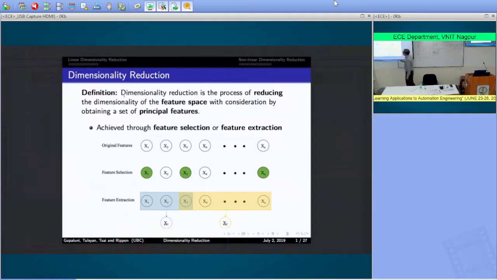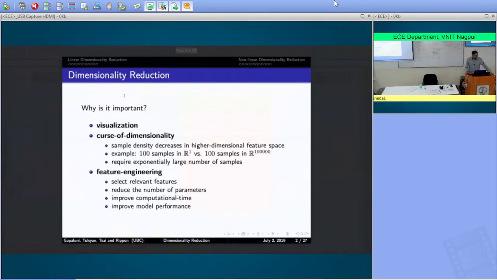You skip those, and then you can extract modeling features, etc., using the subset of those features. So some of this is going to be clear as we go through principal component analysis. Principal component analysis is a very popular dimensionality reduction algorithm. It's a linear algorithm, but there are some nonlinear algorithms as well. I'm going to very briefly allude to those nonlinear algorithms.